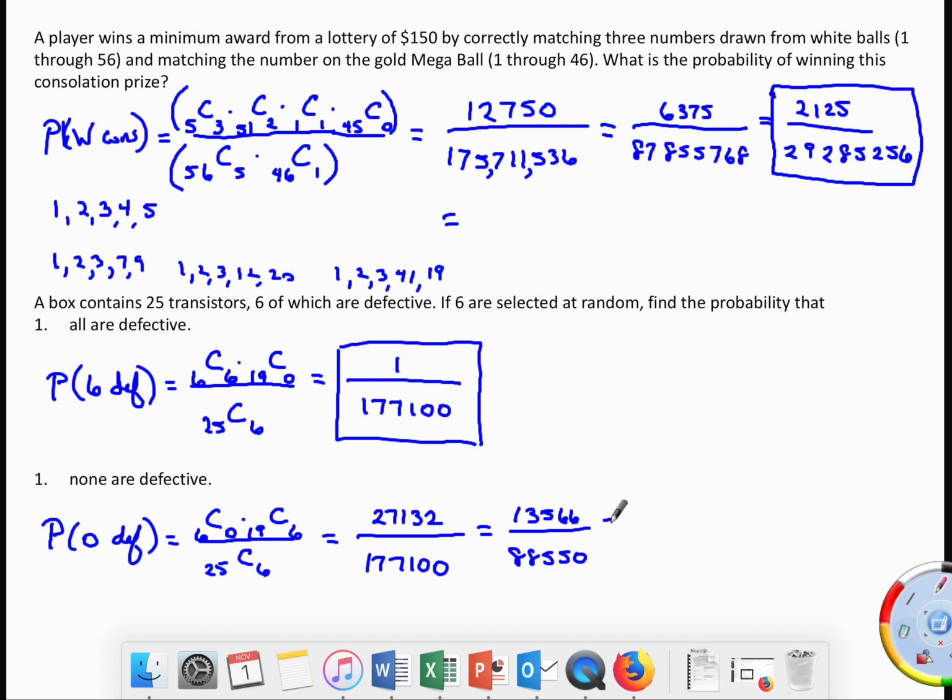Oh, they're both even again. I'm dividing them by 2 again. 6,783 and 44,275.